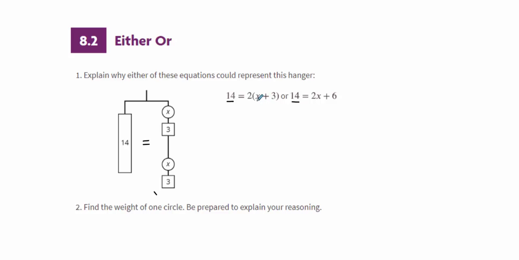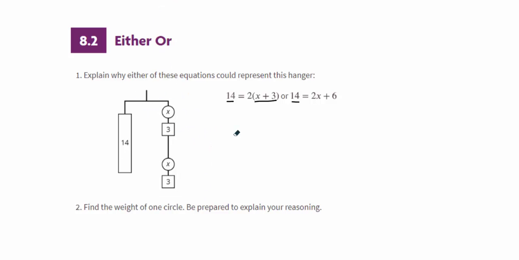And in our equation, we have a group called x plus 3. And since we're multiplying x plus 3 times 2, that means there's 2 of these. And that's what we have here. We have an x plus 3 and an x plus 3. So 2 x plus 3s is equal to 14.